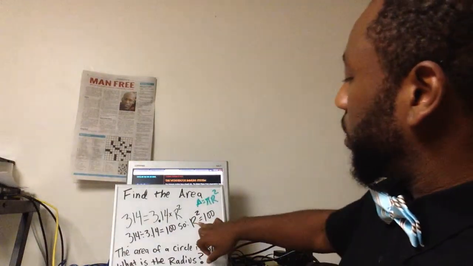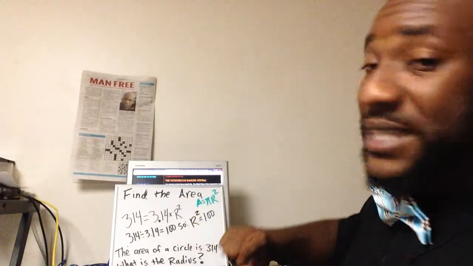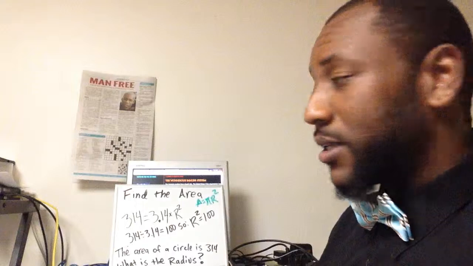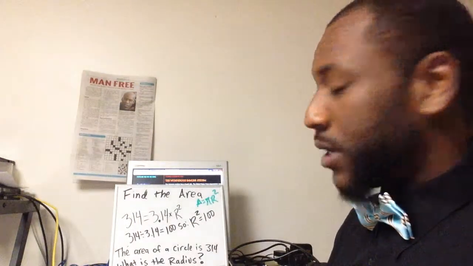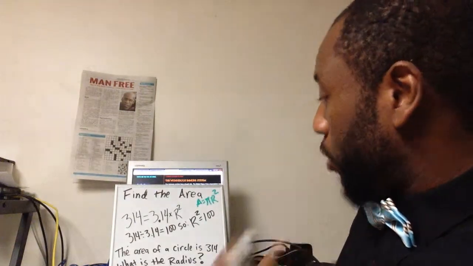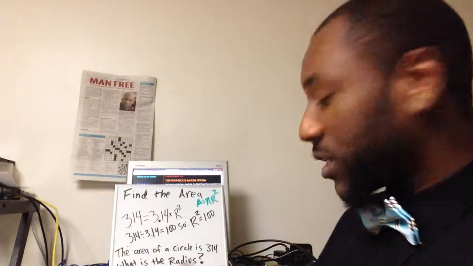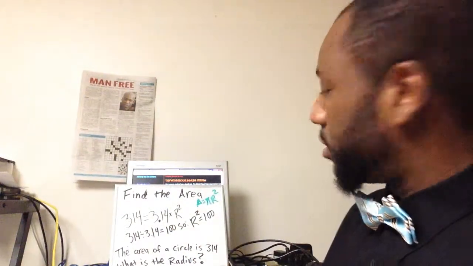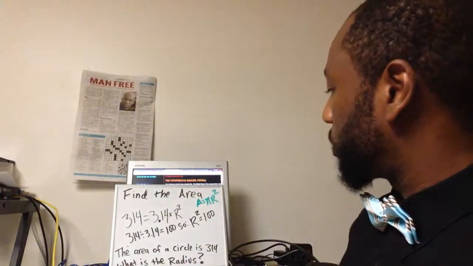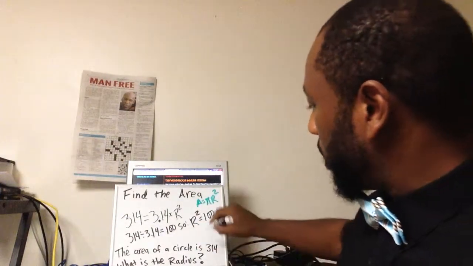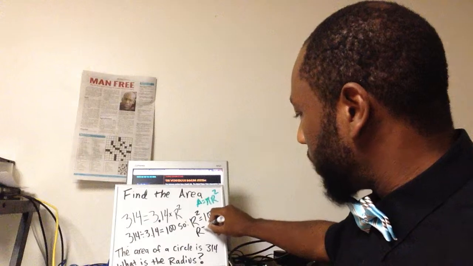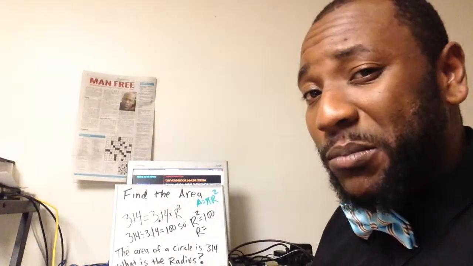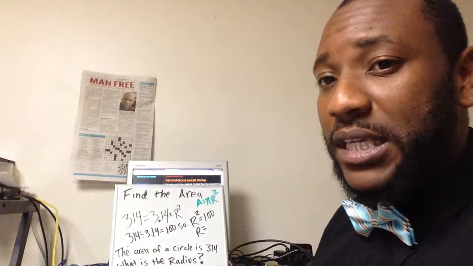Now, if we want to know what radius is, not radius squared, we want to do the opposite thing again. Because in order for us to get radius squared, remember we took the one number and multiplied it by itself. So now if 100 is radius squared, and we want to know what regular radius is, then we want to figure out what number times itself gives us 100.